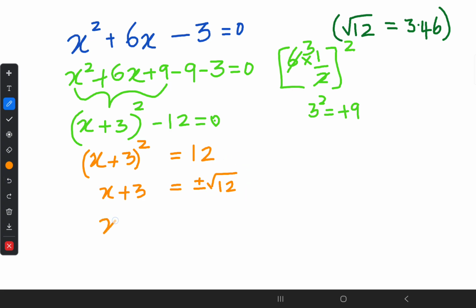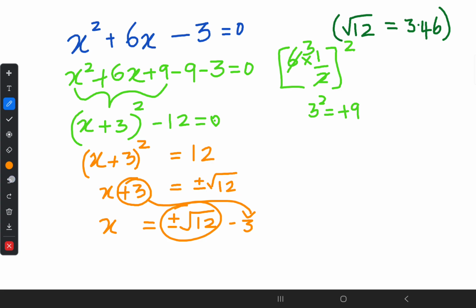And the solution: x is equal to plus or minus square root of 12, and this positive 3 will become negative 3 here. There is no change hereafter. This direction is always negative. Here only we have both directions, positive and negative.